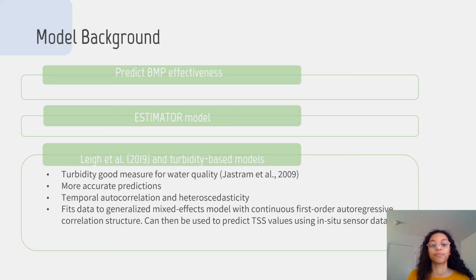Turbidity is noted to be a good proxy for total suspended solids, and it increases when discharge increases when total suspended solid concentration increases. This model has been found to have more accurate and precise predictions and makes it very useful to employ.